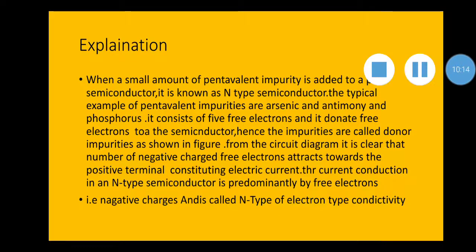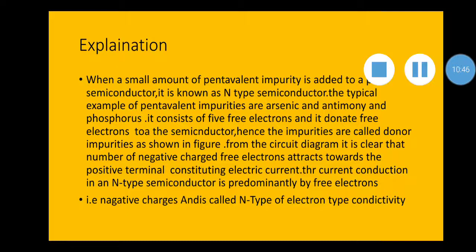Hence, the impurities are called donor impurities as shown in figure. From this circuit diagram, it is clear that a number of negatively charged free electrons are attracted towards the positive terminal, constituting electric current.